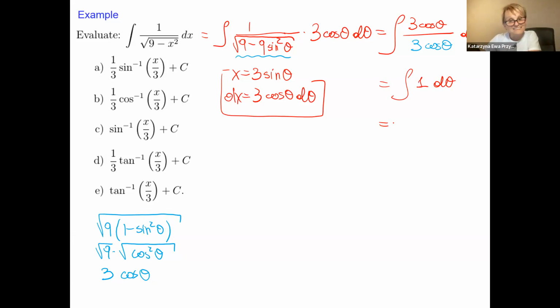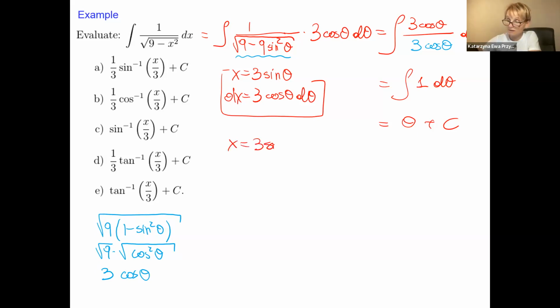Just theta. Yes, but hang on, yes, I did everything correct. But now theta, we have to rewrite in terms of x.